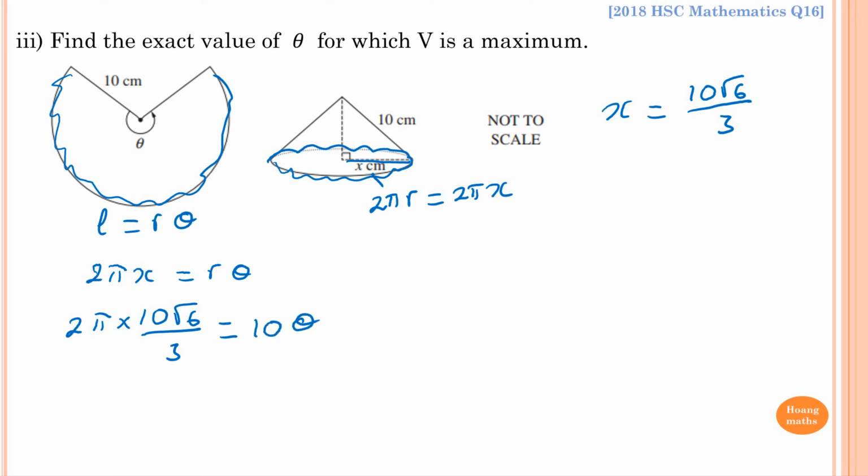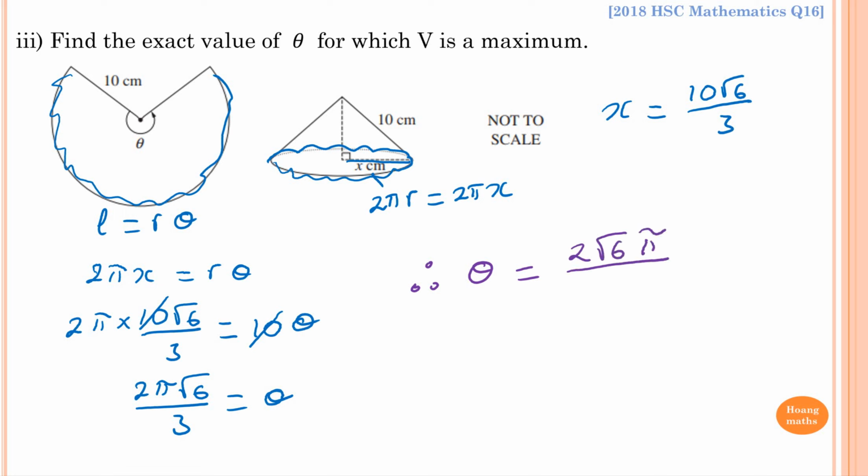So now all we need to do is simplify. We divide by 10 on both sides, this cancels out. So 2 pi square root of 6 over 3 is equal to theta. Therefore theta is equal to 2 square root of 6 pi all over 3.